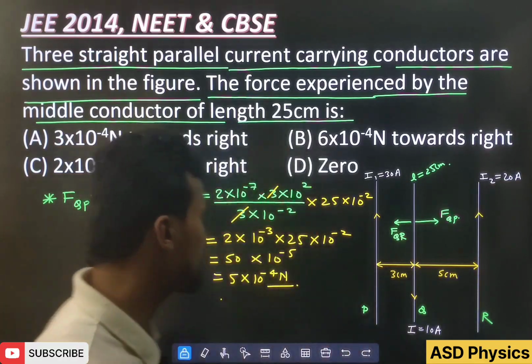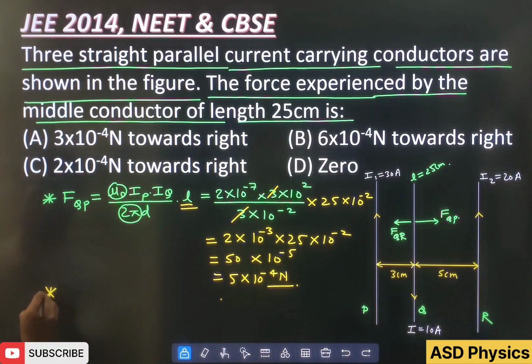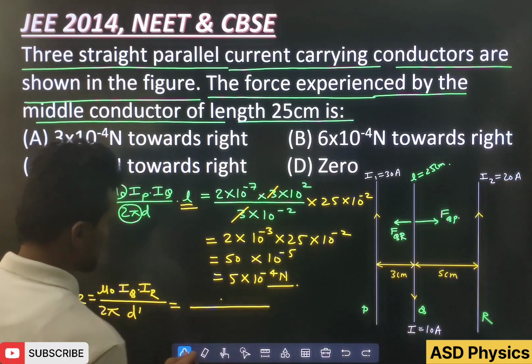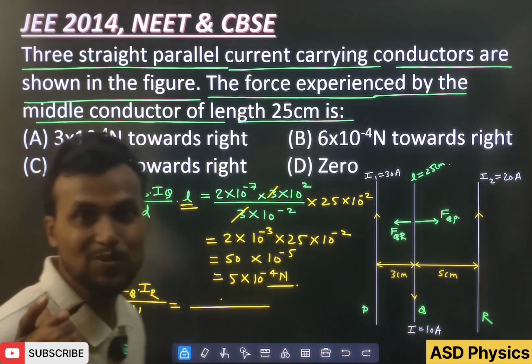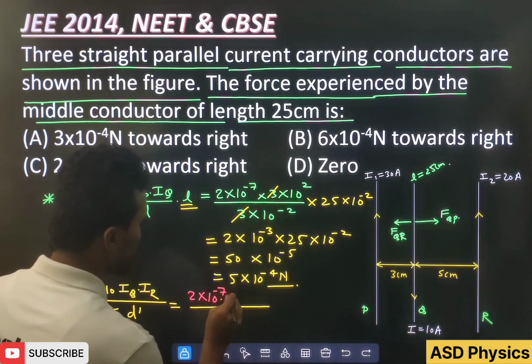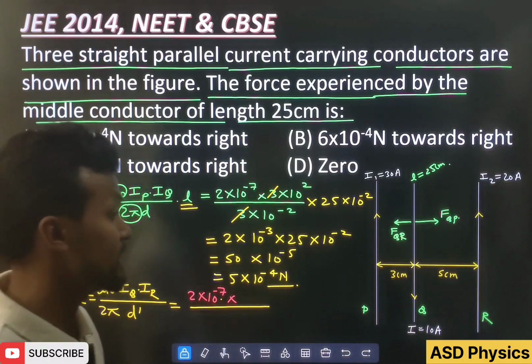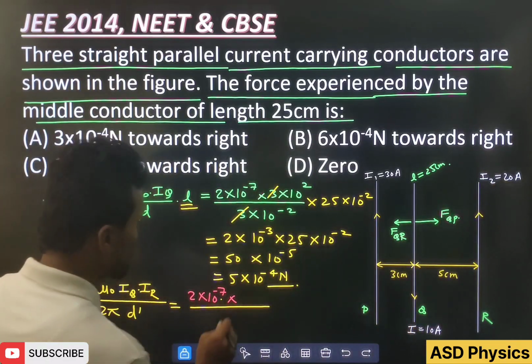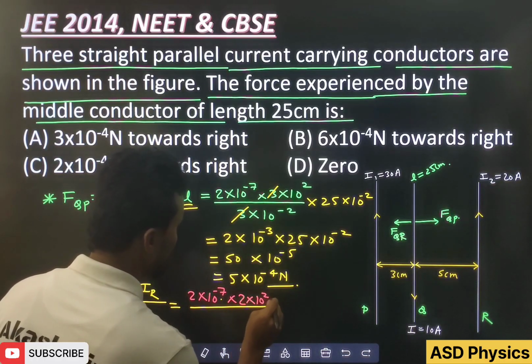Now after that, if we talk about FQR, what will come here? Again I will write mu naught by 2 pi, and here QR means IQ into IR, and let's take the distance between them as D dash. Now let's put the values, students. Mu naught by 2 pi is 2 into 10 power minus 7, IQ IR is 20 into 10, that means 200, so 2 into 10 to the power 2.